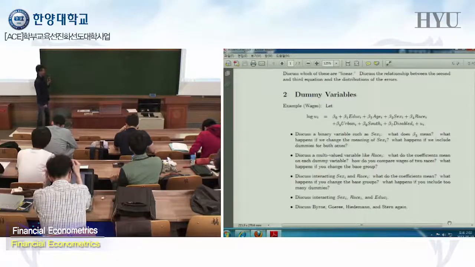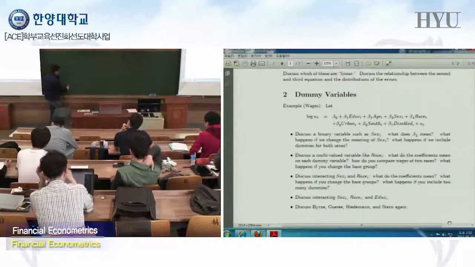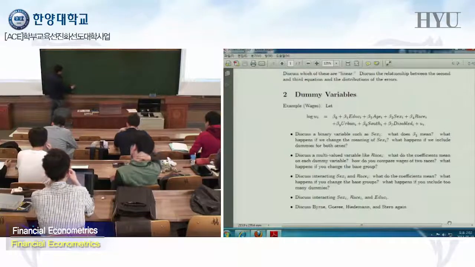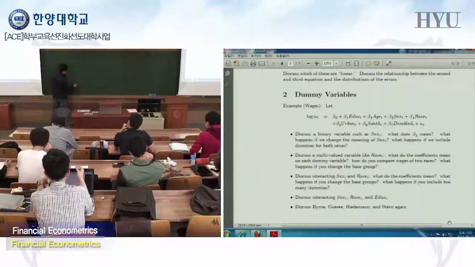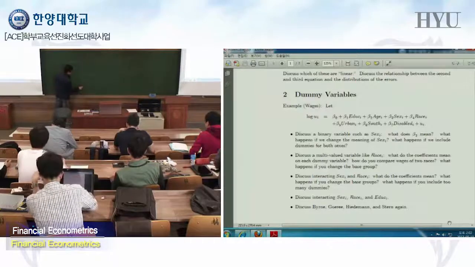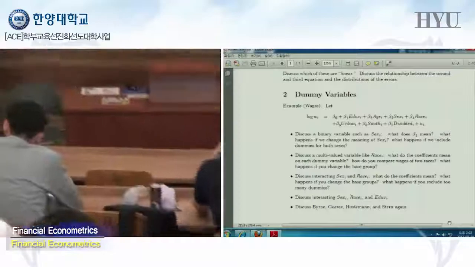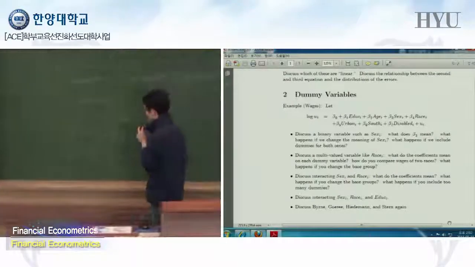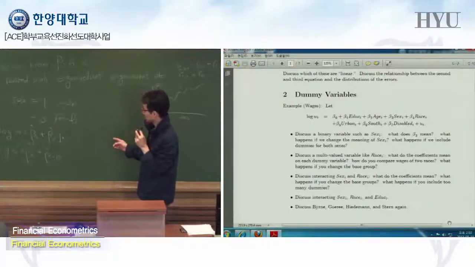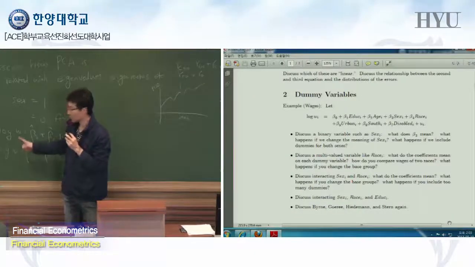But if we are investigating female, then the function would be log W equal beta 0 hat plus beta 3 hat times 0, and other variables. Suppose the other variables are the same, then we can subtract this one from this one.